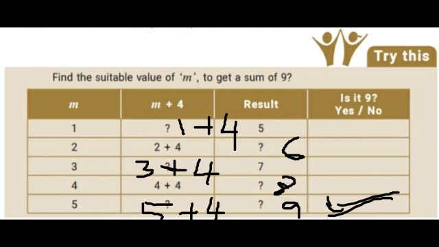So 2 plus 4 is equal to 6. This also is not equal to 9. Then the next value, m is equal to 3. So 3 plus 4 is equal to 7. Is it equal to 9? No, this also is not equal to 9. Likewise, you put m is equal to 4, my dears. Let me wait for you all. M is equal to 4, you can apply.